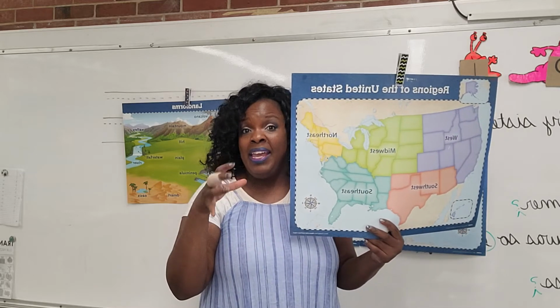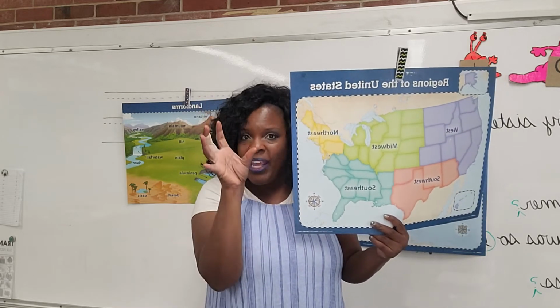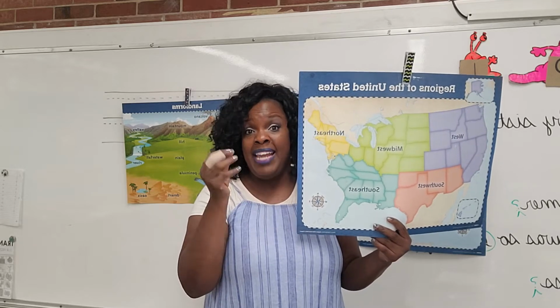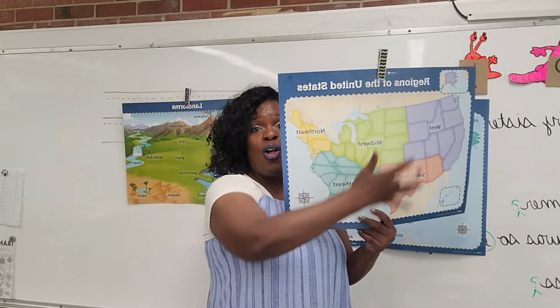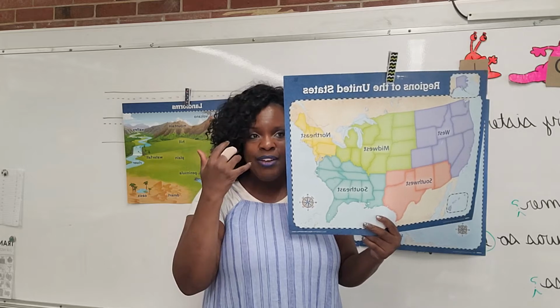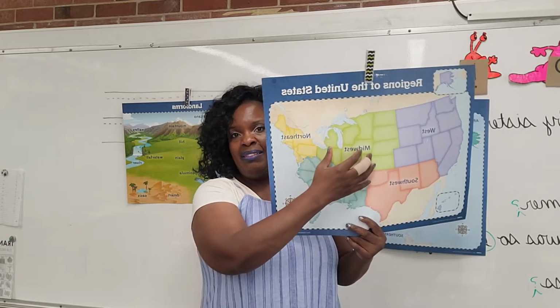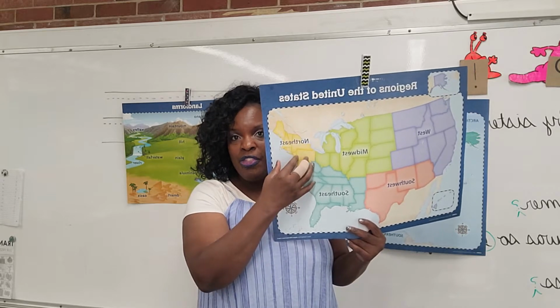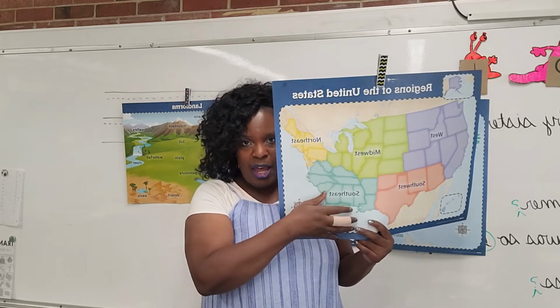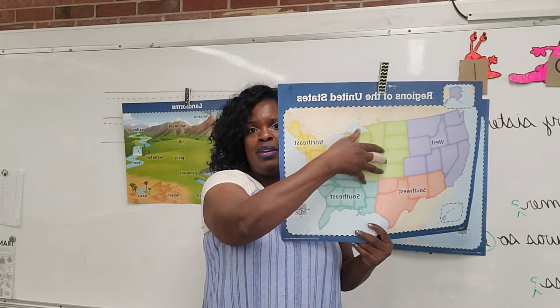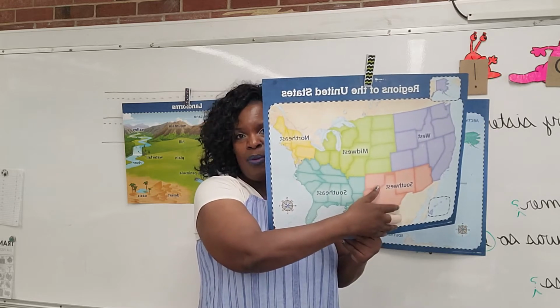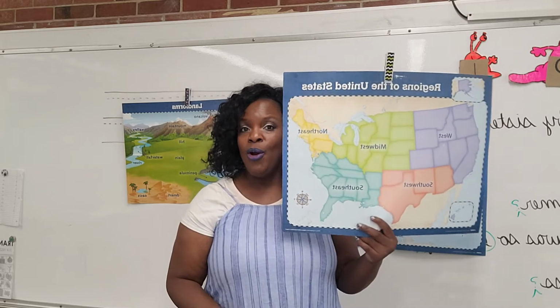And that helps to make it easier to locate and recognize where those states are, because we're going to learn all of our states. So if we can learn them by region, that's going to make it a lot easier. So we're going to start with our Northeast, we'll veer to our Southeast, we'll go over to our Midwest, down to our Southwest, and then eventually learn our West.